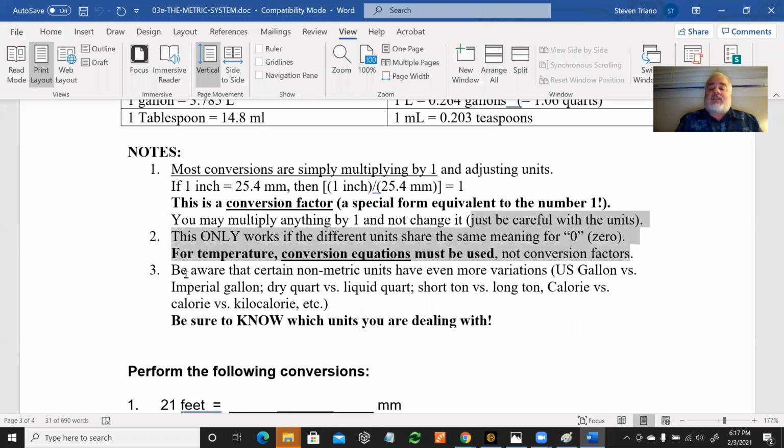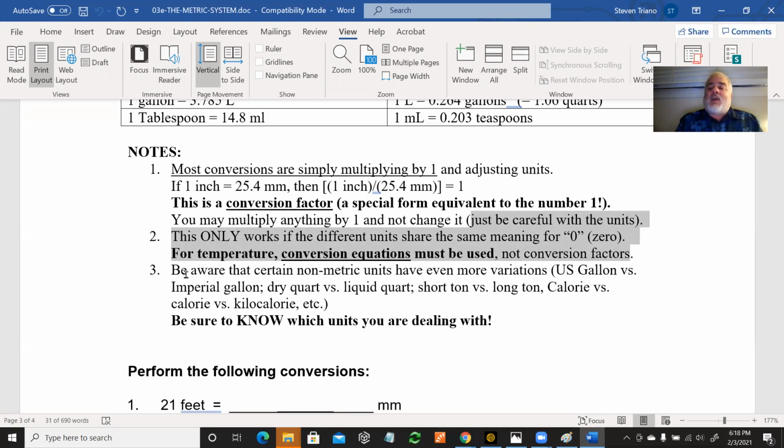So there's a US gallon versus an imperial gallon. Well, okay, fine. That means there are 2 different kinds of gallons, not just 1 gallon. If I'm using the US version, we changed it a bit. We're not using the same gallon that they used to use in England, Great Britain. They had what they called a gallon, and we made a new gallon. They're close, but they're not the same.